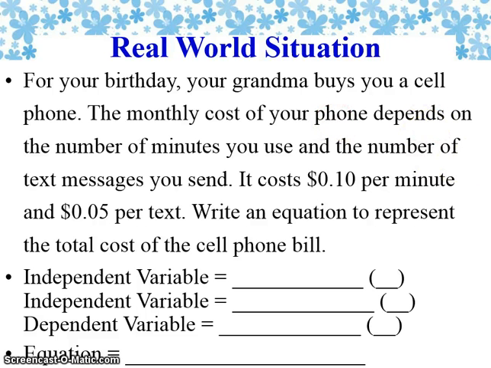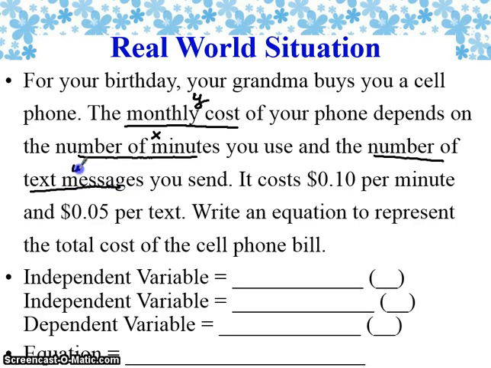For your birthday, your grandmother buys you a cell phone. The monthly cost of your cell phone depends. We're going to call that Y because it's depending. That's our dependent variable. The monthly cost of your phone depends on the number of minutes, which we're going to call X, that you use, and the number of text messages you send.